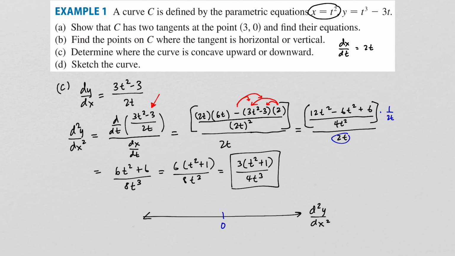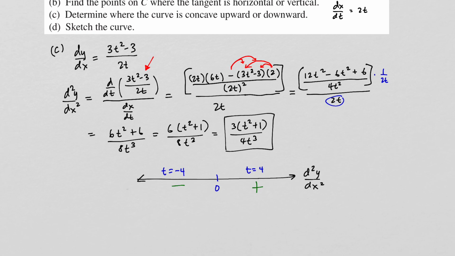So basically, you just have to test your second derivative for positive values of t and for negative values of t. And you should see that if you take a test point, like for example, t equals 4, if you plug in t equals 4, everything is going to be positive, which means the second derivative will be positive. And if you take a number like t equals -4, the second derivative is going to be negative, because when you plug in -4 here, when you raise it to the third power, you get a negative, but the numerator is still positive.